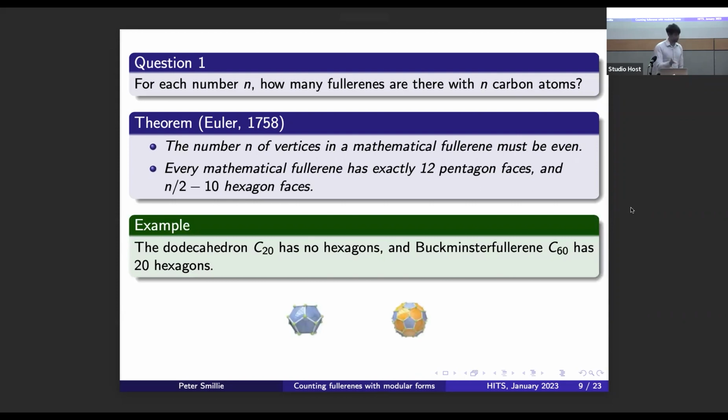We can check this theorem in two cases. The dodecahedron on the left has 20 vertices, and 20 divided by 2 is 10. Subtract 10, you get 0 hexagons. Indeed. On the right, C60: 60 divided by 2 minus 10 gives 20 hexagons, which is the number of hexagons in a soccer ball, if you've counted.